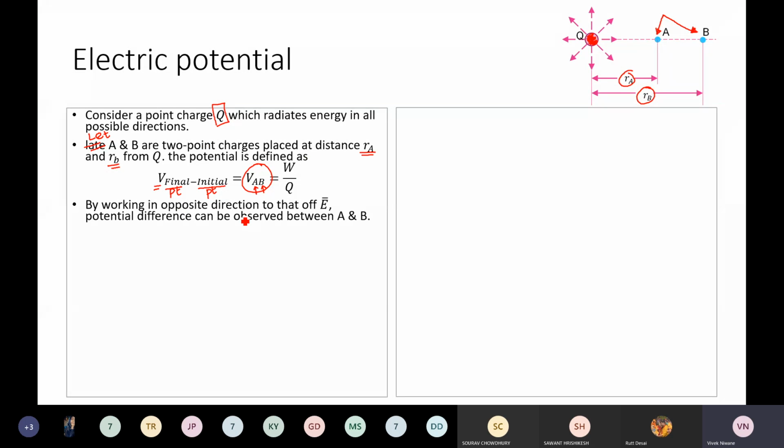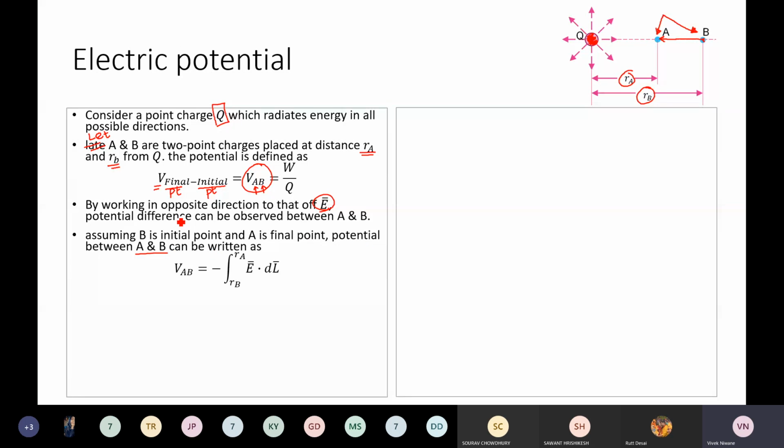By working in the opposite direction to that of E bar, potential difference can be observed between A and B. Here you started working and traveled against the direction of the electric field towards point A. Therefore we have a potential difference between points A and B. Assuming that B is the initial point and A is the final point, the potential between A and B can be written as VAB is equal to minus.